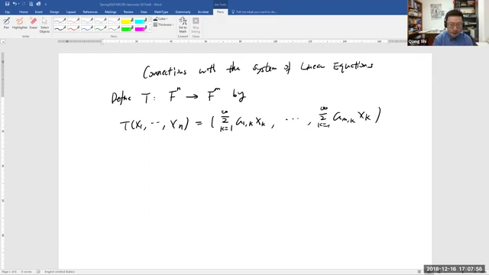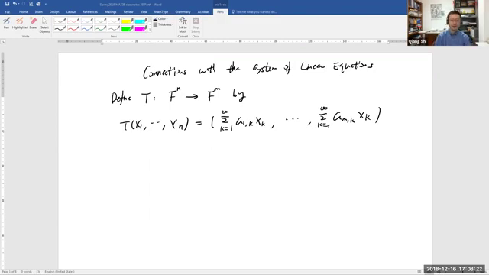All right, so I already wrote 2 lines here saying, let's define an operator or a map from F^n, over the field F, so the dimension is n, to F^m. Remember this book is pretty consistent with putting the n first and the m second, and we'll see why.